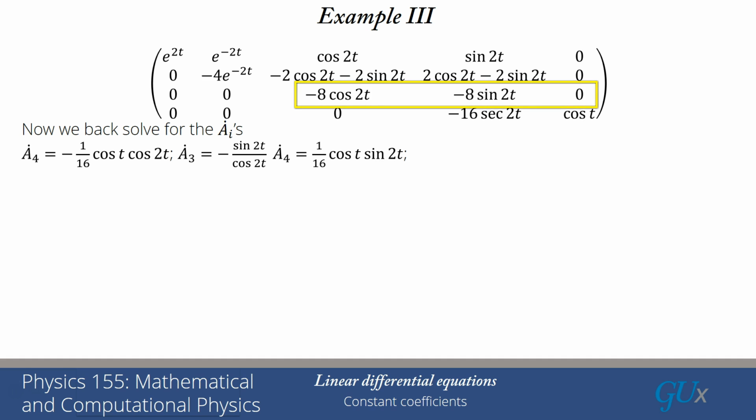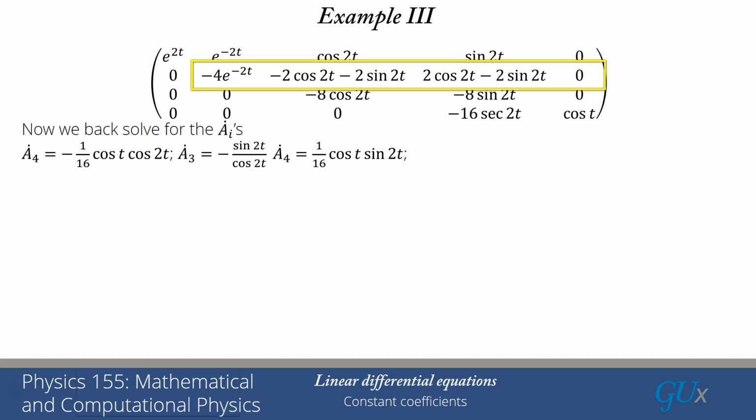Now I plug that into the third equation, and I find A3 dot is going to equal minus sine t over cosine 2t times A4 dot. I already know what A4 dot is, so I'm going to get 1/16 cosine t sine 2t, and that's A3 dot.